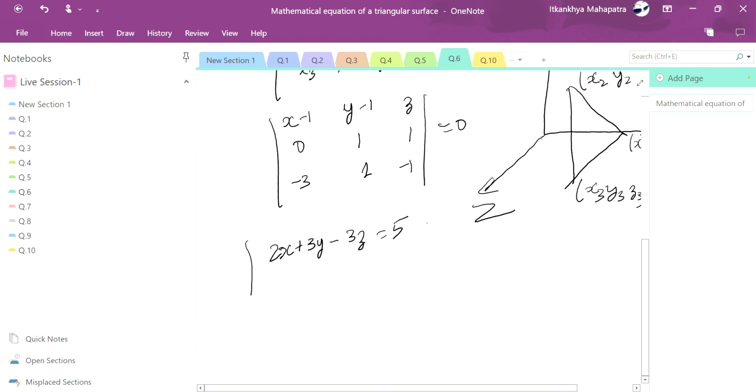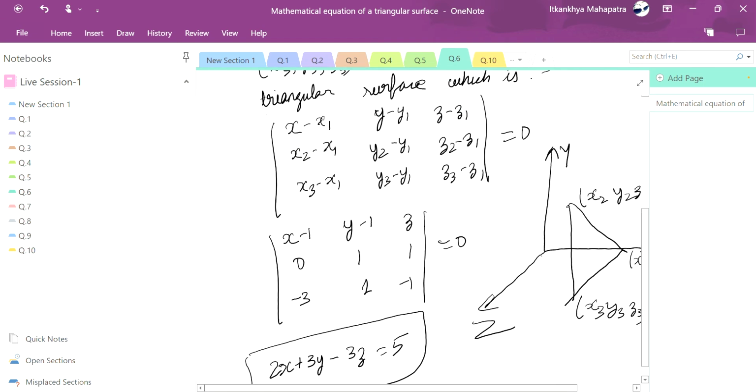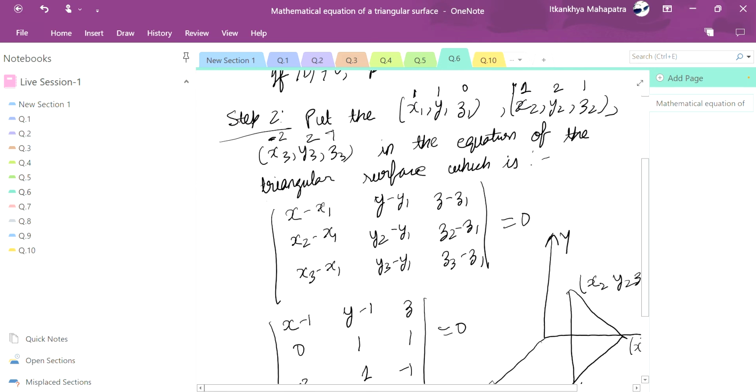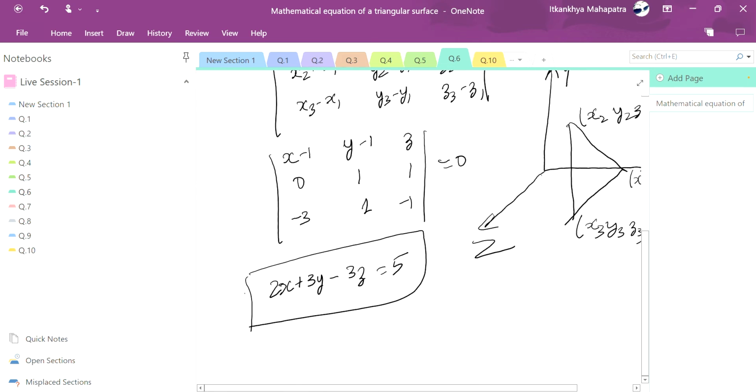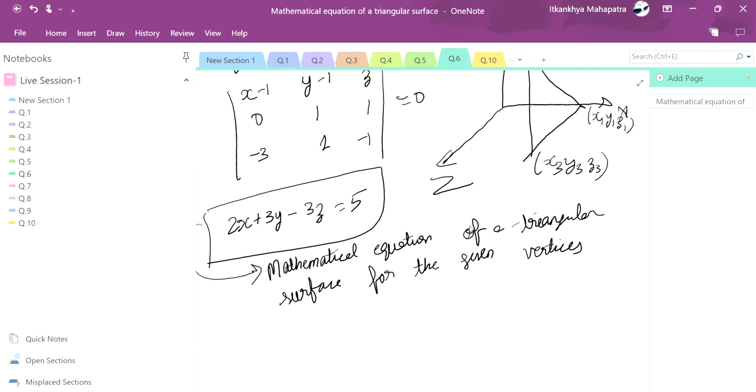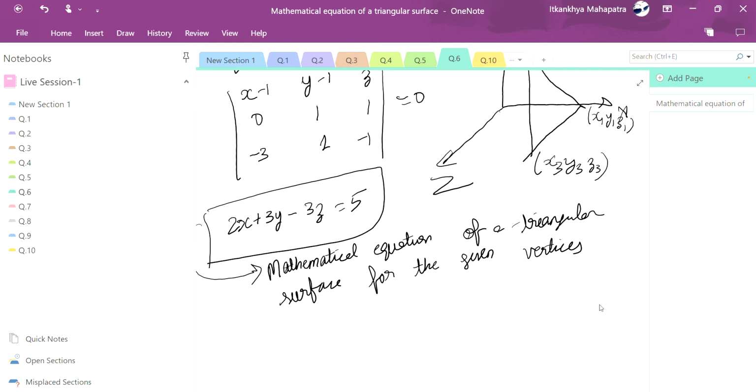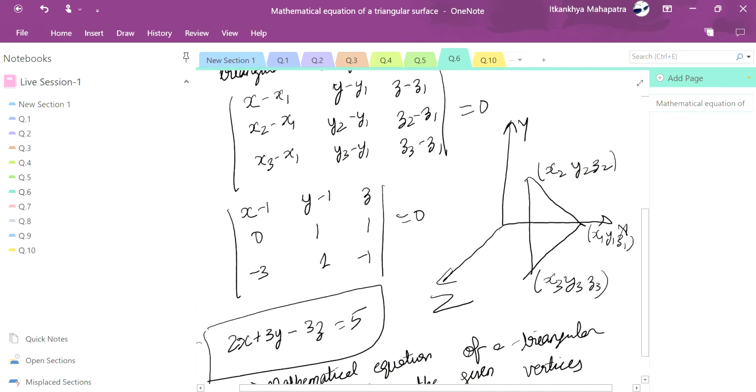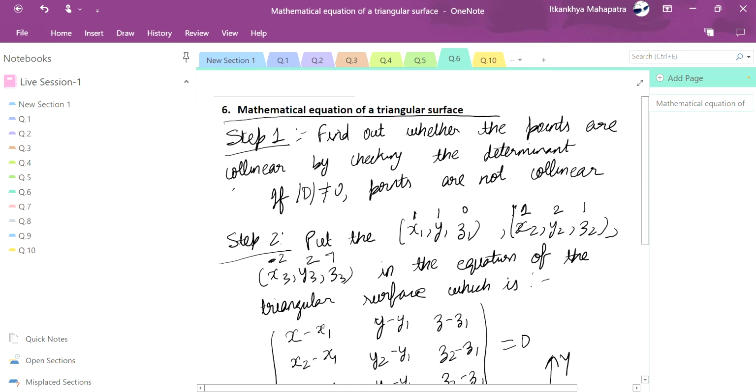So for these particular vertices, this will be the mathematical equation of the triangular surface. Okay, so this is the approach to solve.